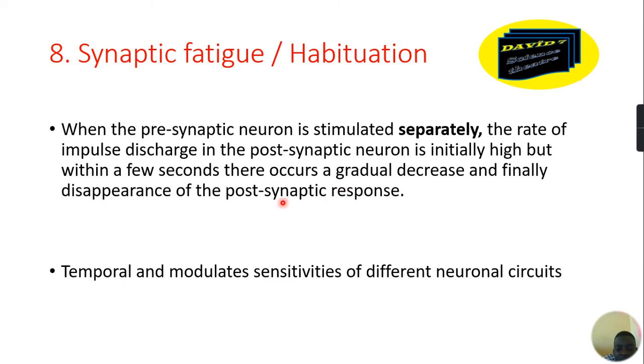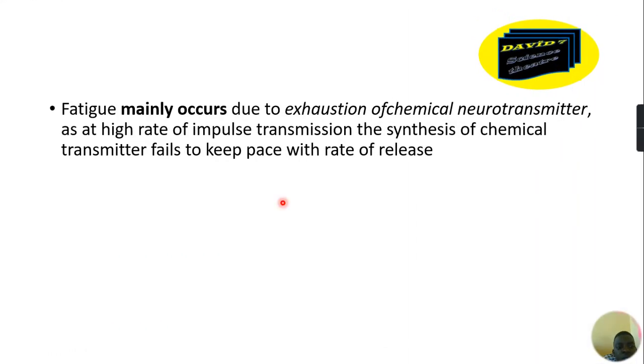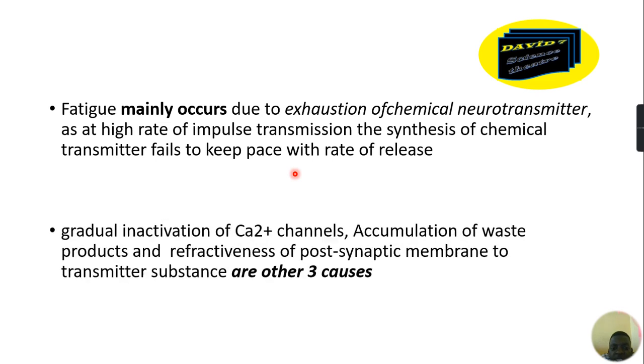Okay, let's continue. Fatigue or habituation mainly occurs due to exhaustion of the chemical neurotransmitter, because at a high rate of impulse transmission, the synthesis of chemical transmitter fails to keep pace with the rate of release. So that is the basic reason for that.